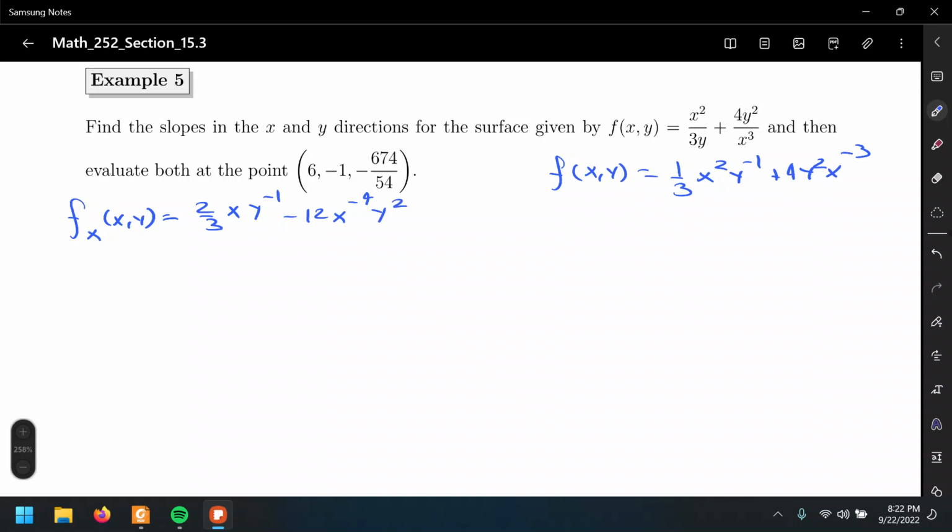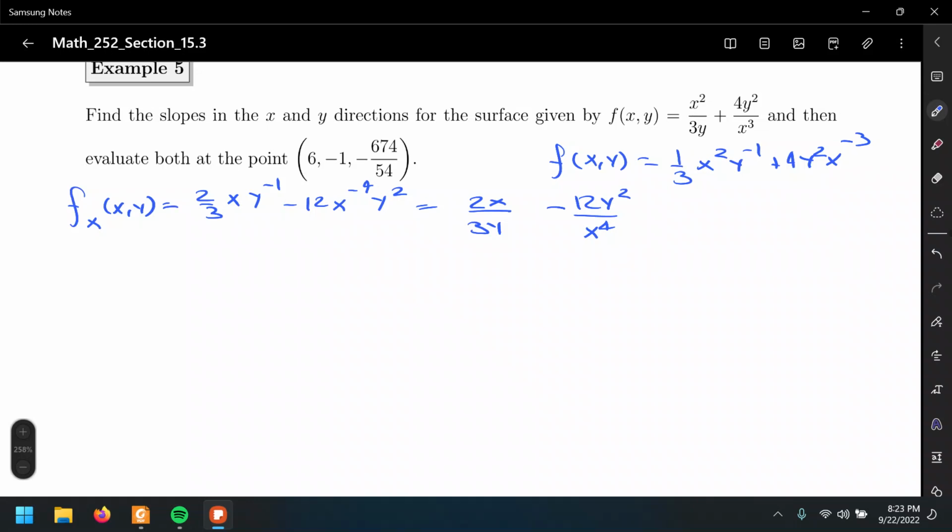How about we rewrite this nicely with positive powers? So that's 2x over 3y, minus 12y squared over x to the 4th. So that's the first partial derivative with respect to x.